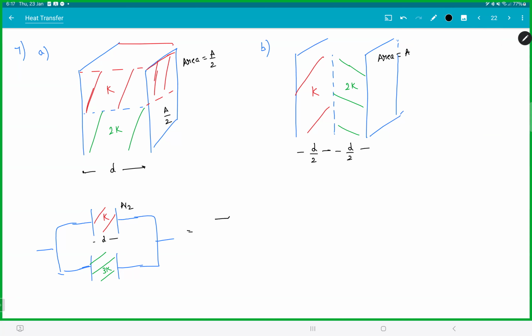So I can write this as two resistors. Are they series or parallel? Parallel, no? Why? Same temperature difference, isn't it? Left and right plate temperature difference is the same. So they're parallel. So this resistance will be D, length is D here. L is the length along the heat flow. By K, area is A by 2. This is D by 3K, 2K that is.